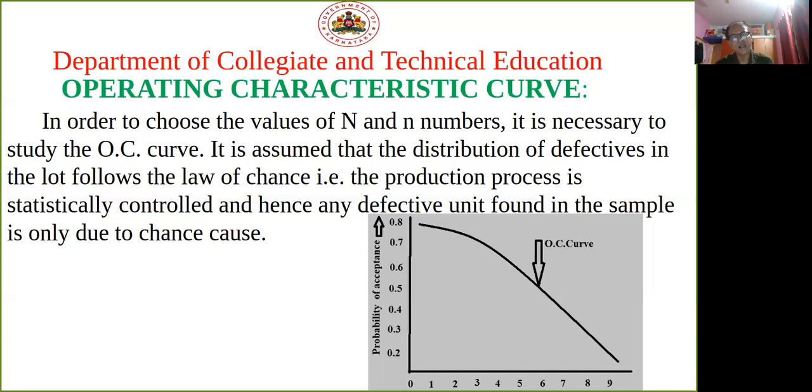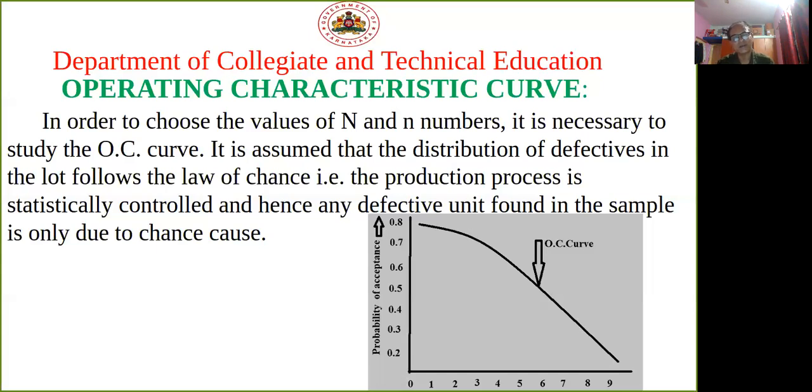In detail, it is assumed that the distribution of defectives in the lot follows the law of chances. Whatever defectives you get are only because of chance causes.